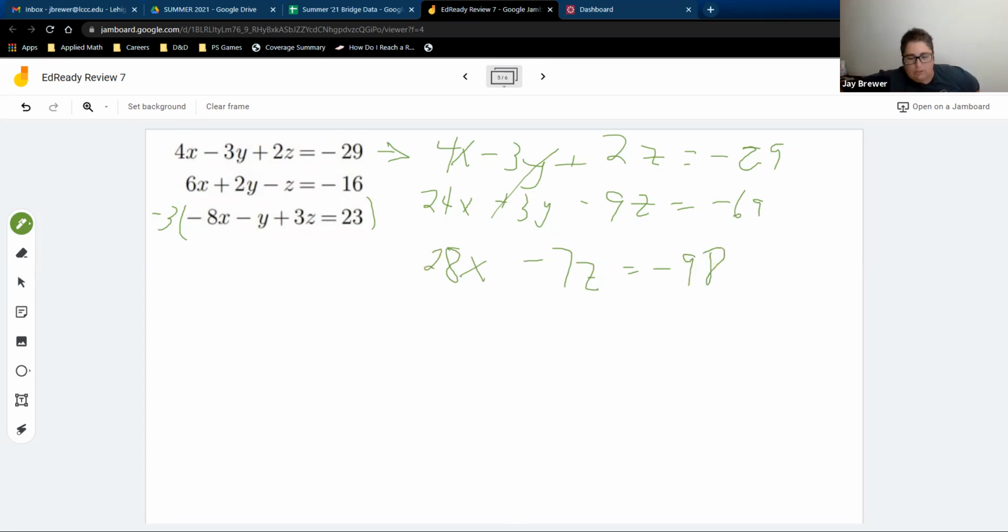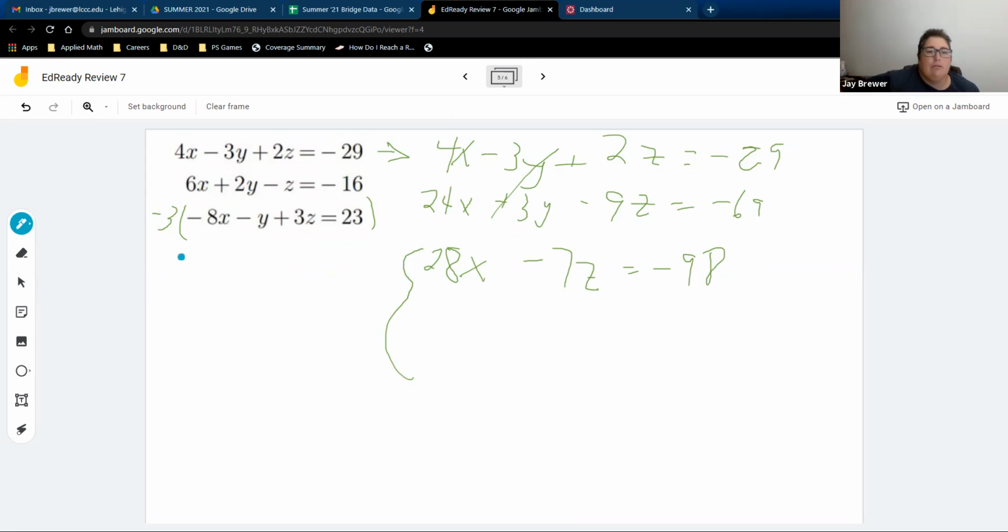Okay, so that is one of our new equations, and you can call it equation 4, you can call it equation A, whatever you want to call it, but that's one of the ones that we're now going to concentrate on because now we have 2 variables left. Okay, so now we have to use equation 3, and we're going to multiply it by a 2.